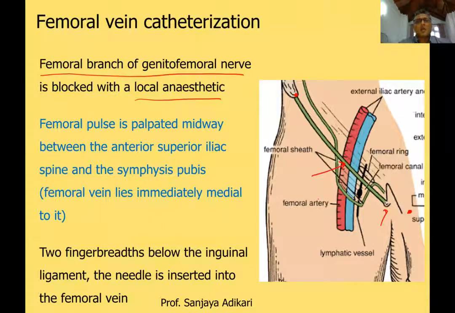So your femoral vein lies immediately medial to that pulse. That's how you get at the femoral vein, and the point to insert the catheter is about 2 finger breadths below the inguinal ligament at that point. You enter the catheter into the femoral vein there.